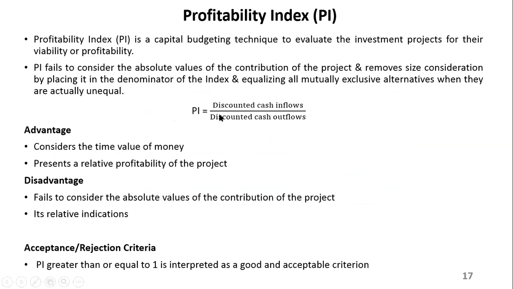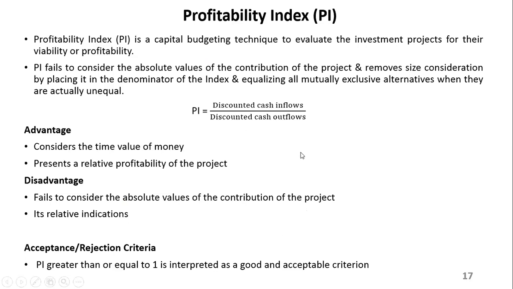That's why they say it's discounted, and it's relative to the project. So the amount of money you've put in is taken into account there. And the disadvantage is that it fails to consider the absolute values of the contribution of the project.